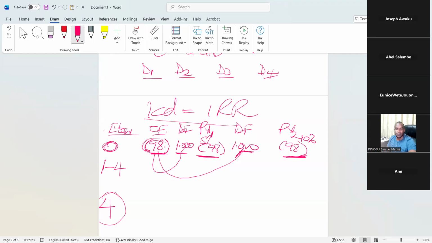So if we're paying the interest in year 1, year 2, year 3, year 4, you cannot talk about discount factor. Instead, annuity factor. We only use discount factor when the interest is paid for only 1 single year. But if cash flows are repeated for more than a year, we don't use discount factor. Instead, annuity factor.